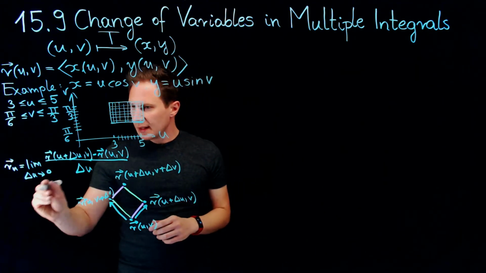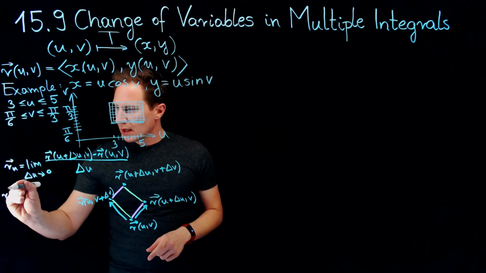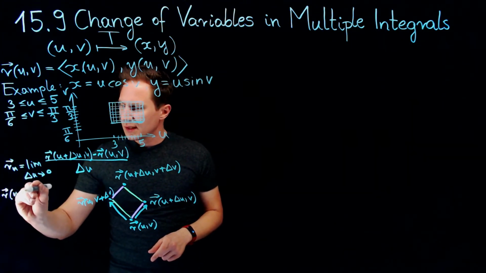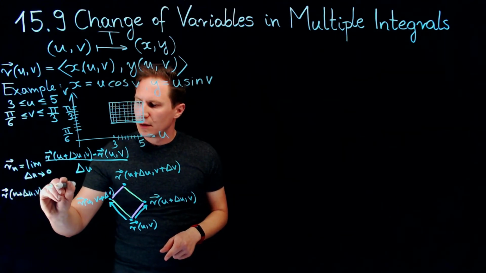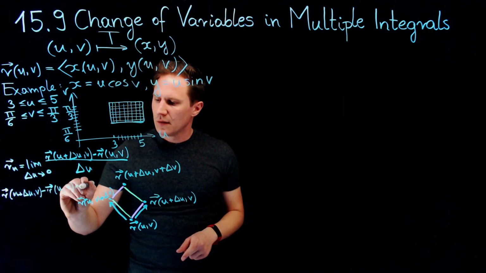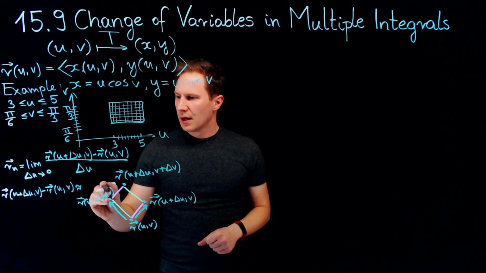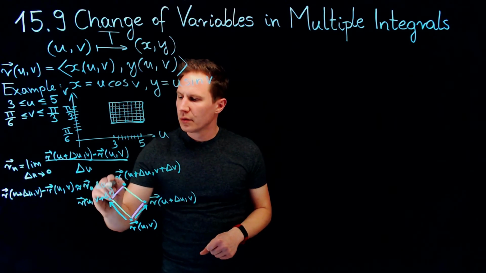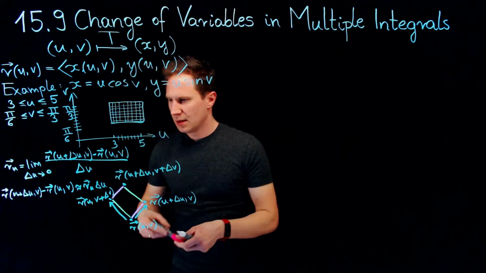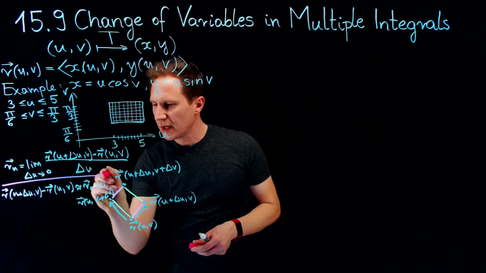So approximately, that difference is approximately r sub u times delta u. Okay, so let me put a box around this one.